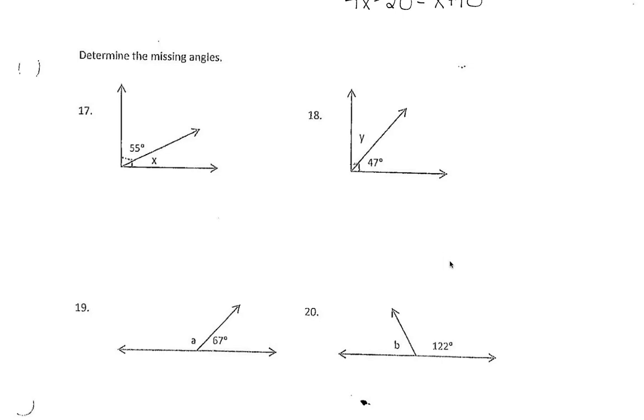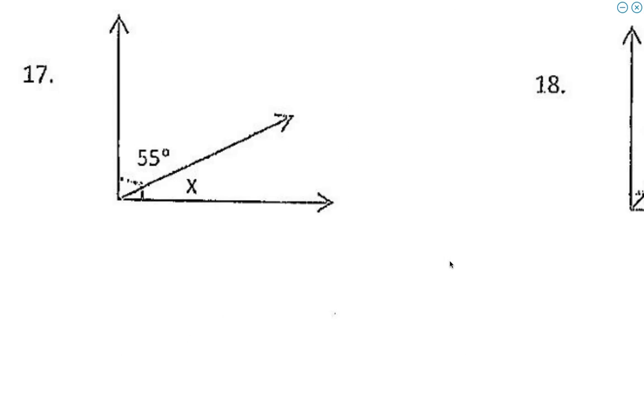All right, 17 through 20 here. If we're trying to find x, we have to keep in mind that we're also given the idea that this larger exterior angle, I should say external angle here, is 90 degrees. And we can see that from this marking right here. So if this right here is 50 degrees, how much further do I have to go to make a full 90 degrees?